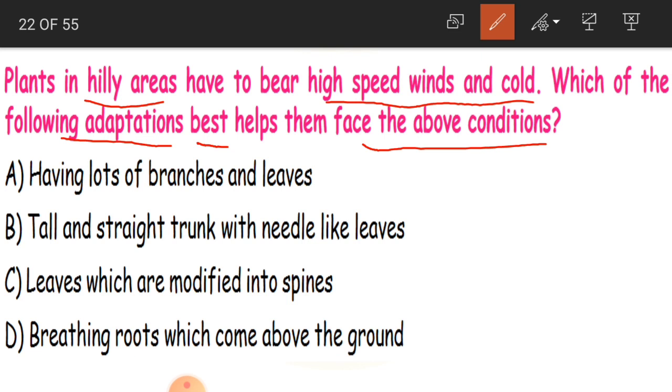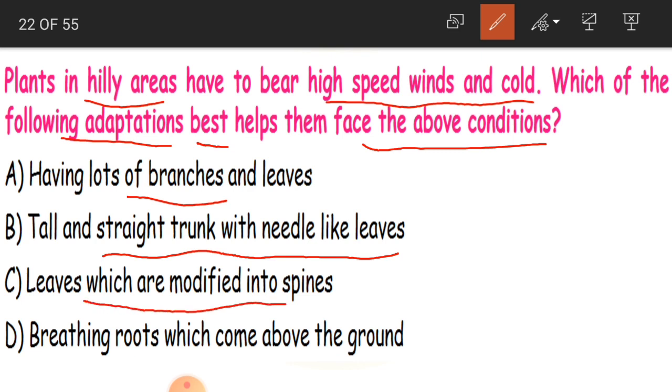Okay, and the answers are here. A is having lots of branches and leaves. B is tall and straight trunk with needle-like leaves. C is leaves which are modified into spines. D is breathing roots which come above the ground. Okay, so these are the options.